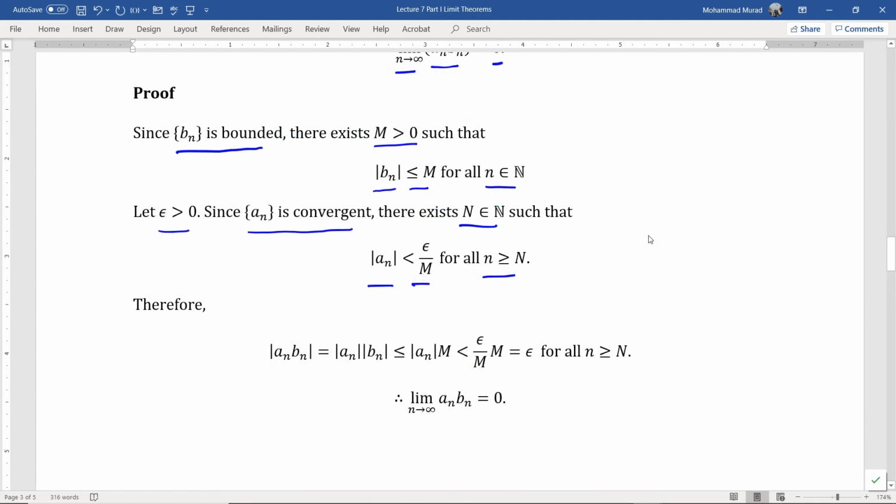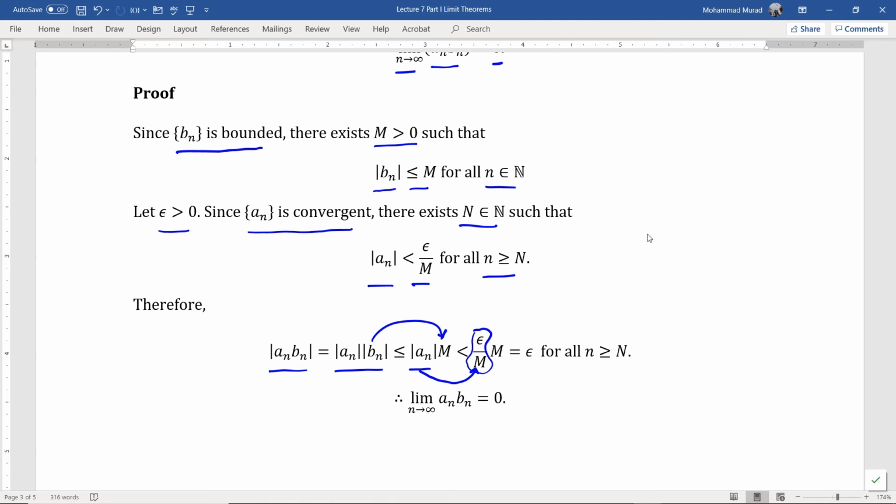Therefore, the absolute value of the product a sub n and b sub n can be written as the product of the absolute values of a sub n and b sub n, which is smaller than or equal to the absolute value of a sub n times m. And again, the absolute value of a sub n is smaller than epsilon over m.